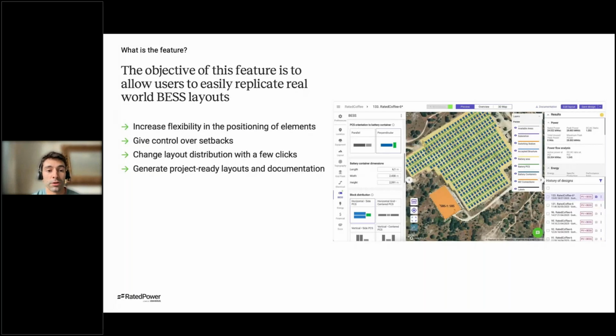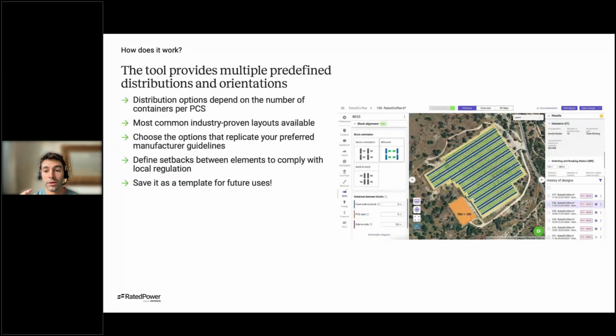So how does it work? I'll go a bit more into depth in the demo about how we generate the layout, but basically with this new feature, users can choose the distribution of the elements of the layout from different options.